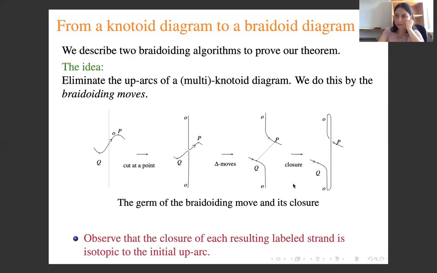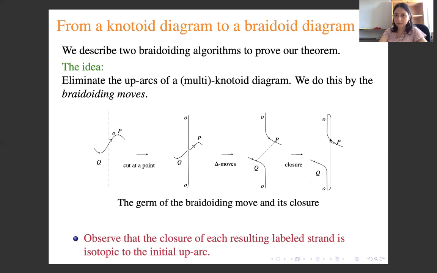And here in the picture, I also show that by closing the resulting pair of corresponding ends here with the rule of the labeling with an overpassing arc, we can see that this closed strand here is actually isotopic to the initial up arc we started with.